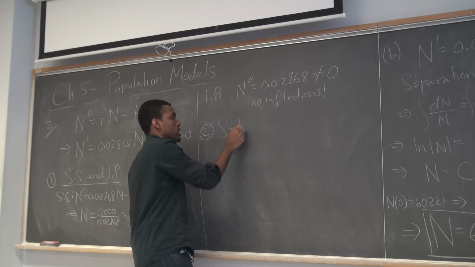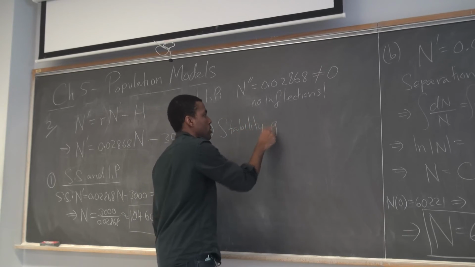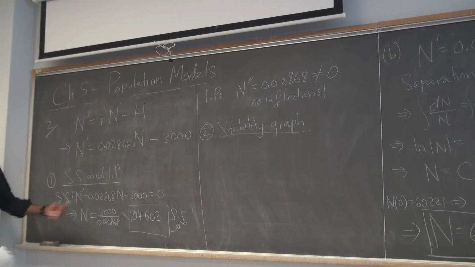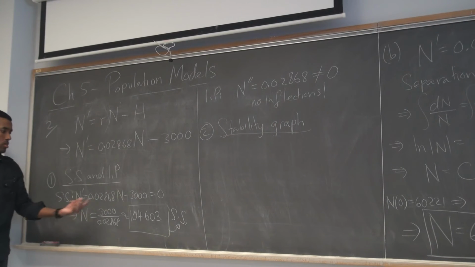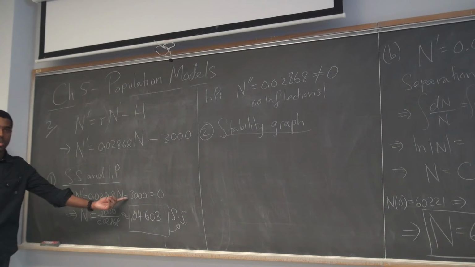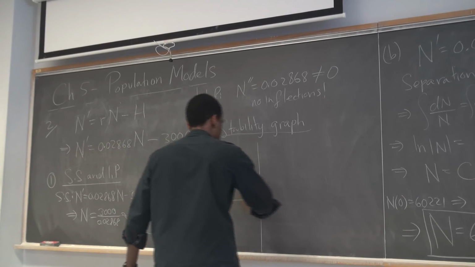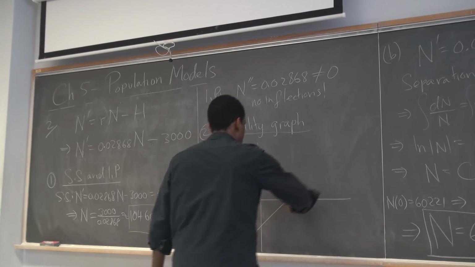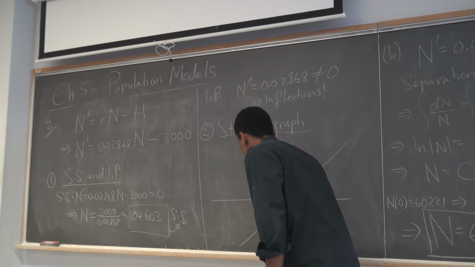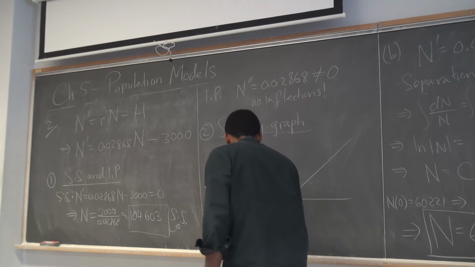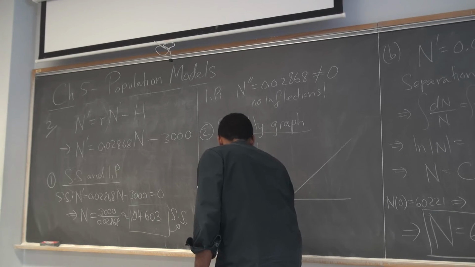We're going to do the stability graph. This looks like y equals mx plus b. Your slope is positive. Your y-intercept, the vertical intercept, is negative. So this is just a straight line with positive slope, but it's actually going through here. So this is at minus 3,000.